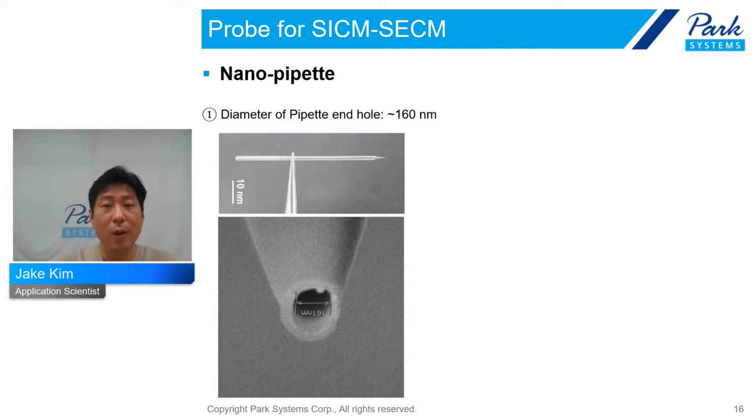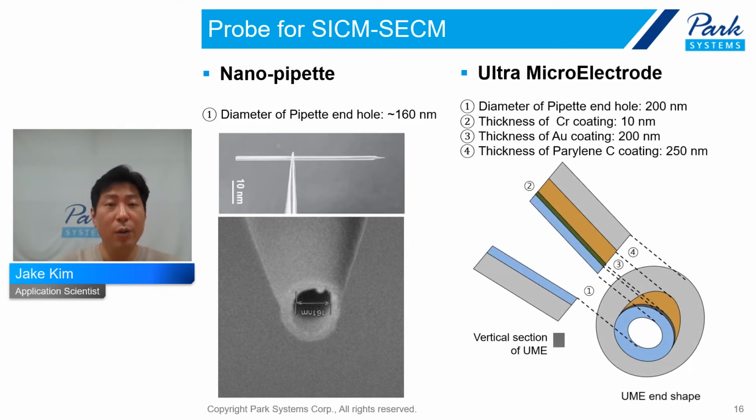In general, based on a nanopipette, a conductive material is coated and an insulator is recoated on top. We call it an ultramicroelectrode, or UME. At the end of the UME tip, the exposed gold ring, the conductive material, detects an EC response, while the UME tip opening collects an ion current signal for height imaging.